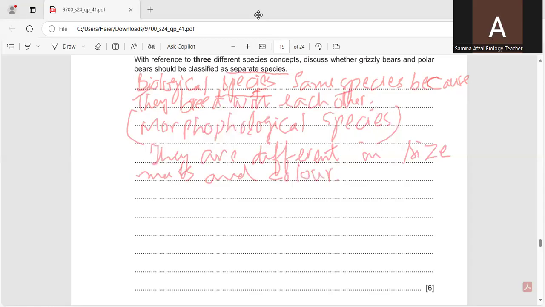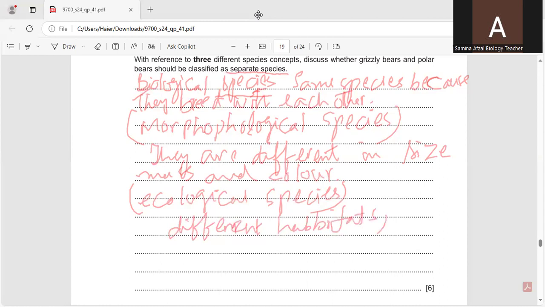And the third is the ecological species concept. They can be considered different species as they belong to different habitats and depend on different diets.